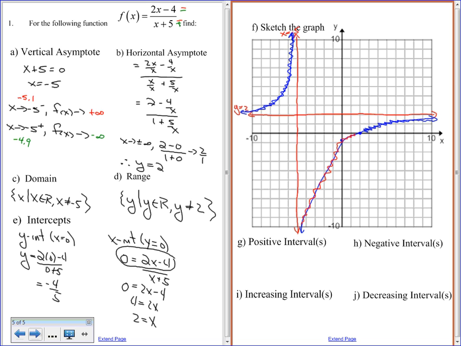Lucas? Perfect. Okay, because it's always from -infinity. And then it stays positive up until it hits -5, but it doesn't include it, so I need to put round brackets around it. When's the next time it's positive? Between what values?